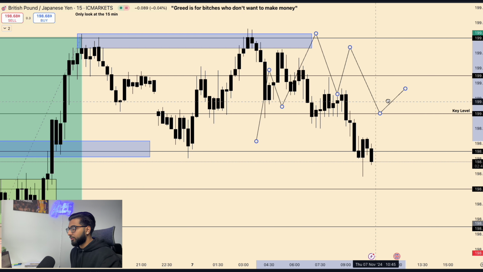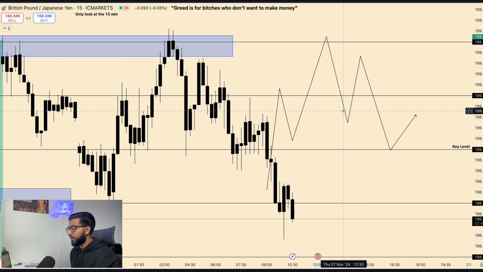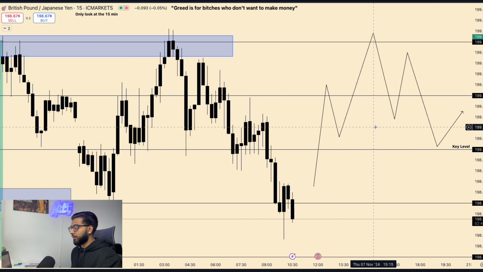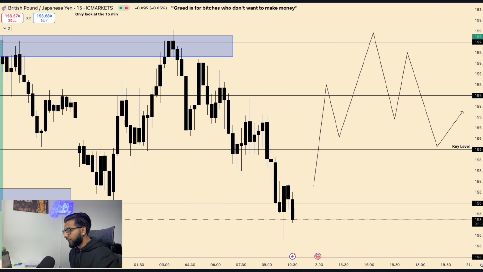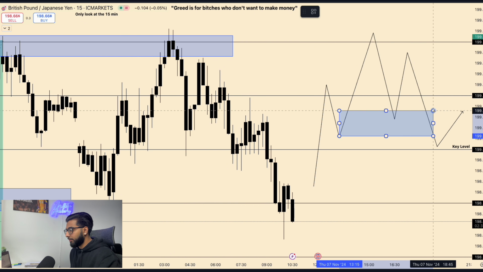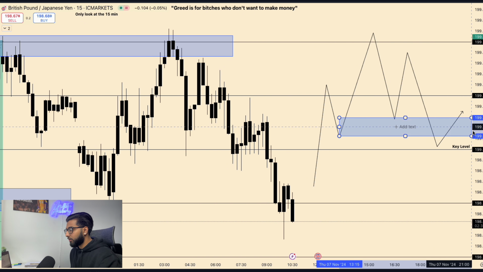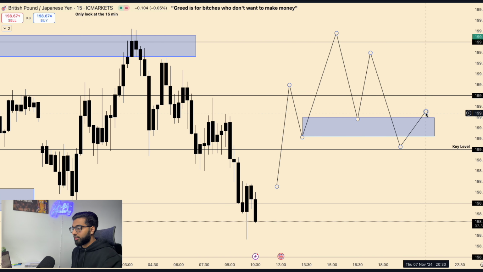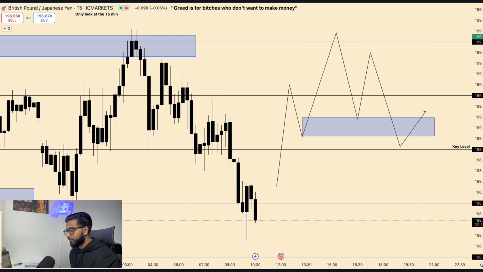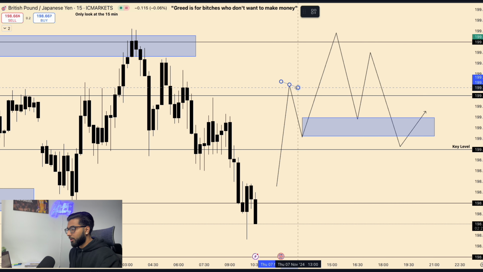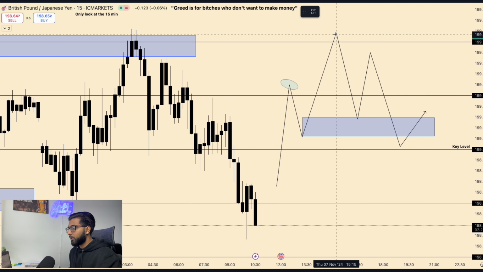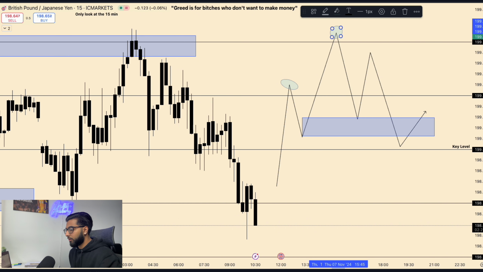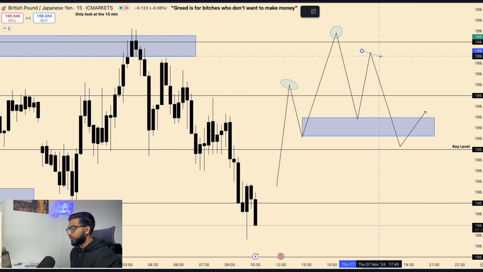Guys, what does this look like to you? We have an area of a neckline right here, right? Yes, it's not to the T, but look, left shoulder, head, right shoulder.